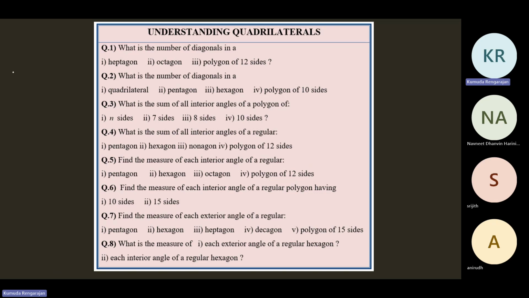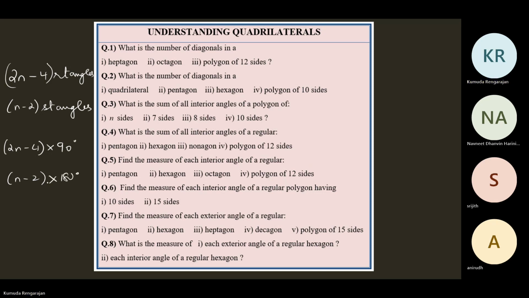The formula is 2n minus 4 right angles or n minus 2 straight angles. In other words, (2n minus 4) into 90 degrees or (n minus 2) into 180 degrees. This is the formula to find the sum of all the interior angles in a polygon with n sides.